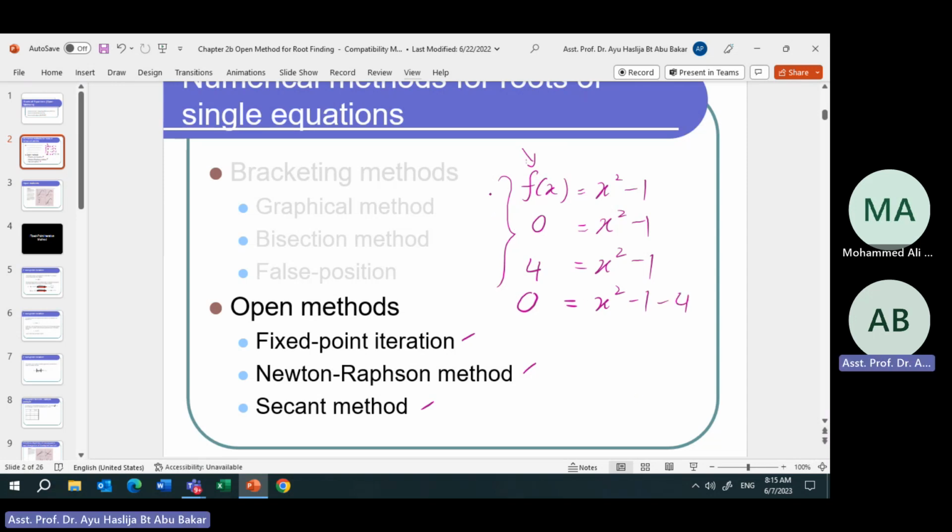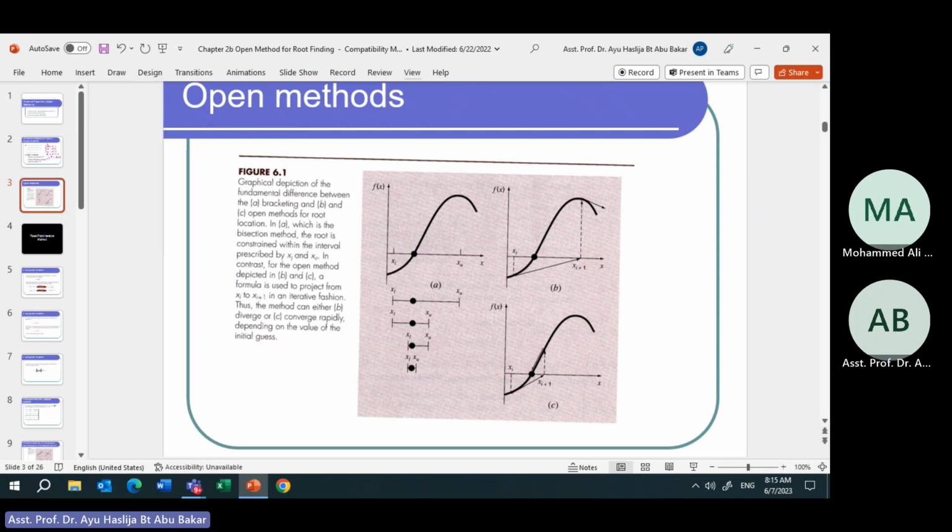This one is the bracket method. For open method, you will need to rearrange so that you get x equals to something, x equals g(x). Okay, we go into detail.